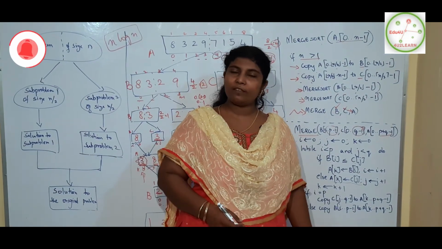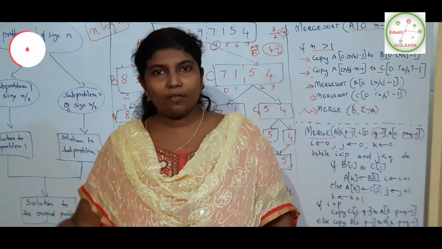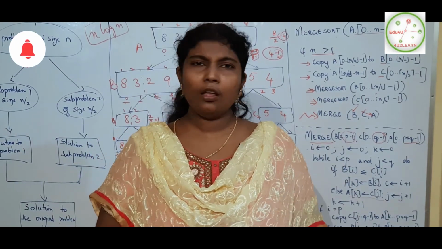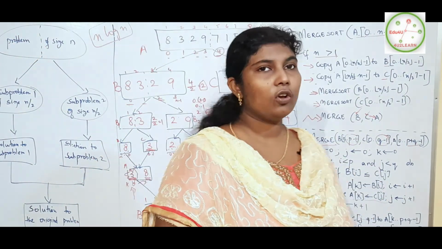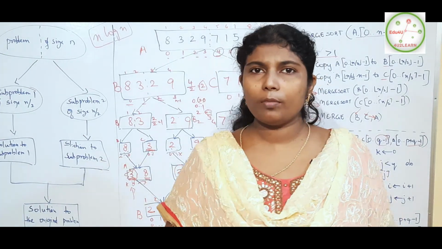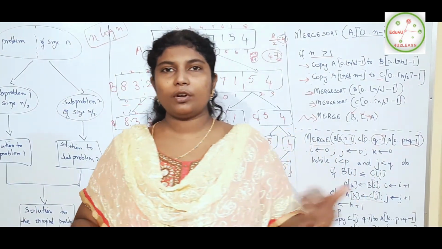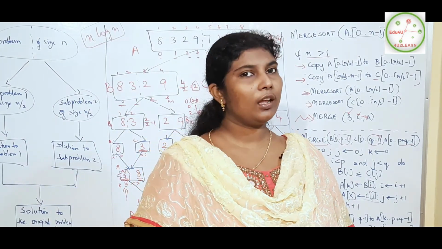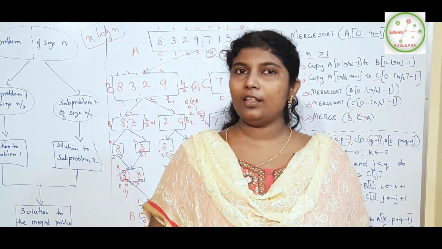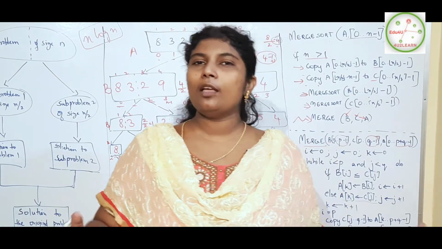Okay, hope you have understood what is divide and conquer method and how it is being put in this merge sort, and how the algorithm works, and how we go about placing it, comparing numbers and replacing the values and sorting, and how we go about getting the solution for a bigger problem.